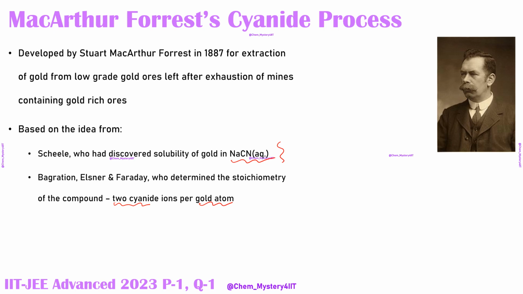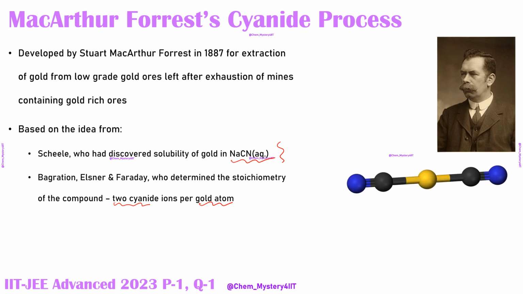Forrest continued that idea and modified the operations, and he came up with the idea that cyanide can be used for the leaching of low-grade gold ores, and even for silver ores as well because of similarity in their chemical properties.